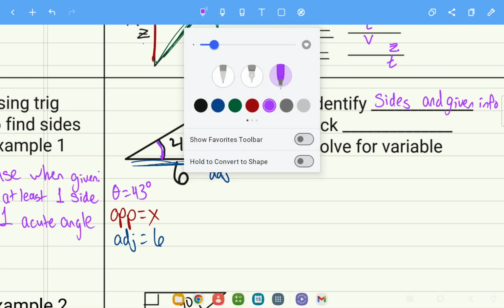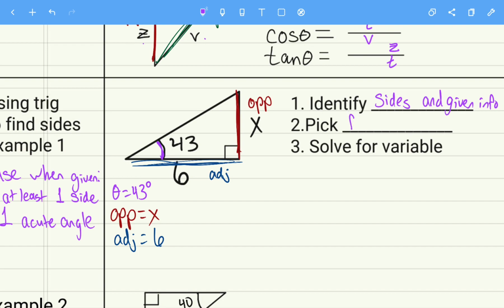So now we need to pick from SOHCAHTOA the sine, cosine, and tangent. Since we have our adjacent and we're looking for our opposite, we are going to use the tangent, because tangent of our reference angle is the opposite over the adjacent.